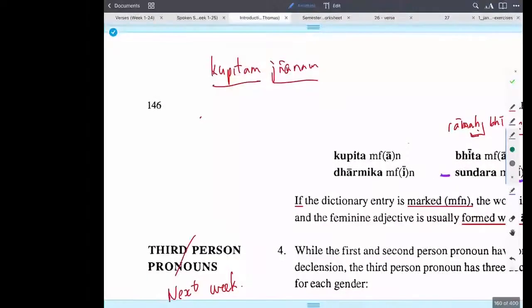In the dictionary, if you look up a word and it says kupita, and then in the brackets it says mfn, then that actually means m, f long a, n. If it says mfi n, then you know what that means: use the long e when you're describing a feminine word.